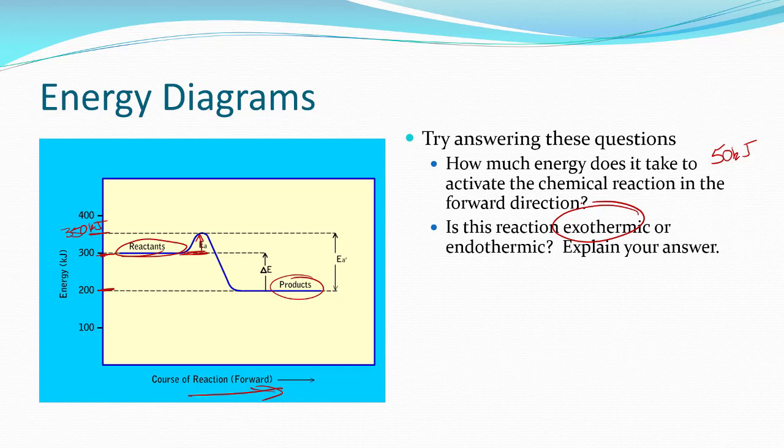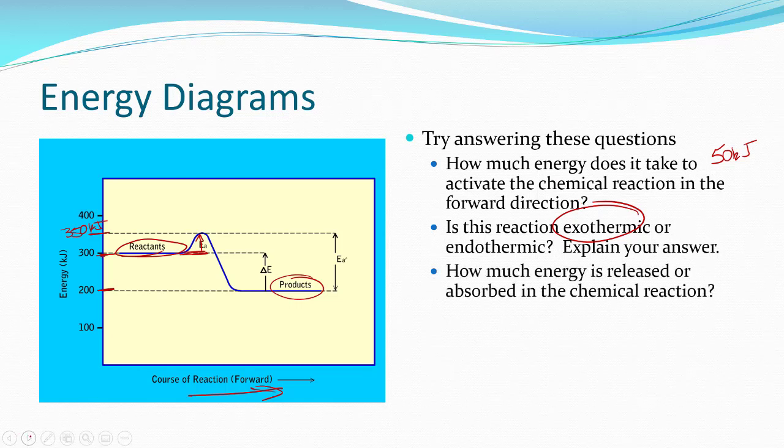So the next big question I could potentially ask is, how much energy is released or absorbed in the chemical reaction? Because we said this is exothermic, that means it's losing energy, negative, losing.